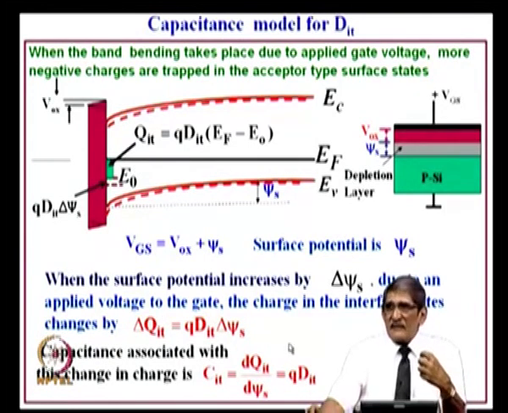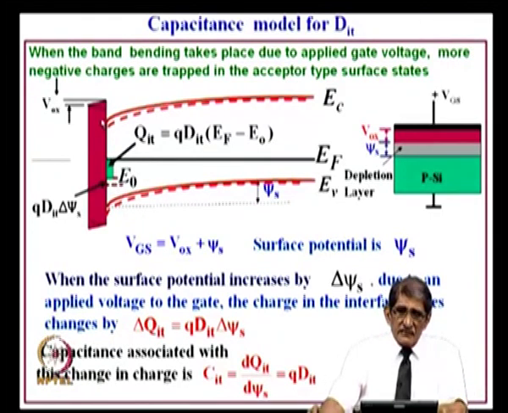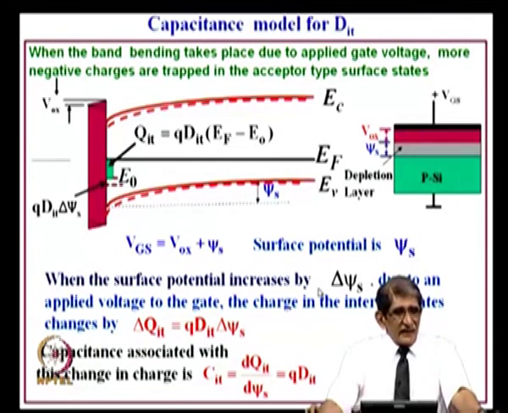So, you can think of it as a capacitance in the equivalent circuit, C it, which is delta q it by delta psi of s, which is q dit. It is a constant because we have assumed that q dit is the same everywhere across the band gap. I think Professor Navkant has already pointed this out in a different manner.